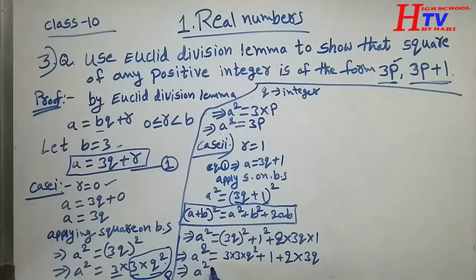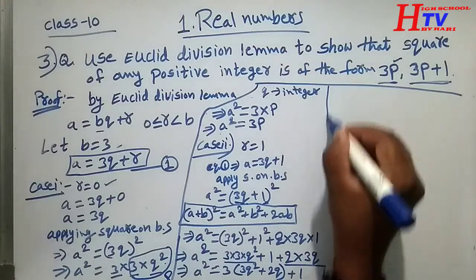That implies a square equals, what is common in these terms? From these 2 terms, 3 is common. Write it outside the bracket. Remaining here 3q square, and from this 3 taken out, remaining 2q, plus 1 separately as it is.